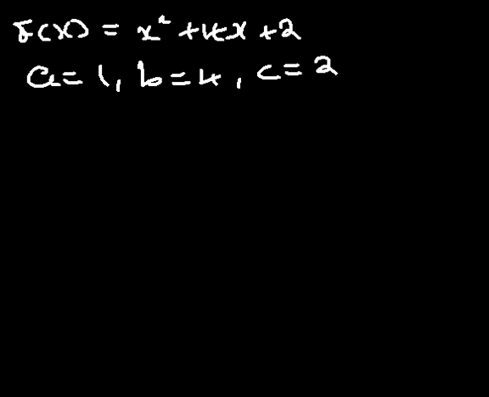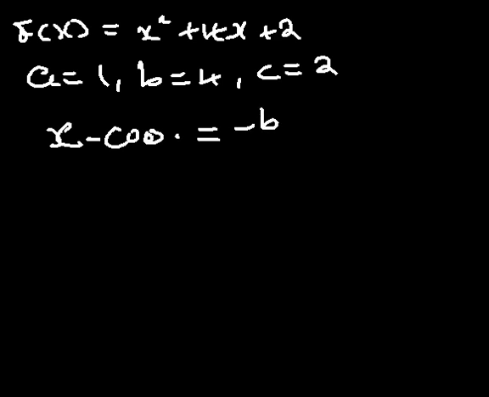And how should we be able to have the equation of the line of symmetry if this is the case? The first thing we have to calculate, mind you, the equation of the line of symmetry is the same as the x coordinate at the turning point. So what is the formula that can help us to have the x coordinate at the turning point?